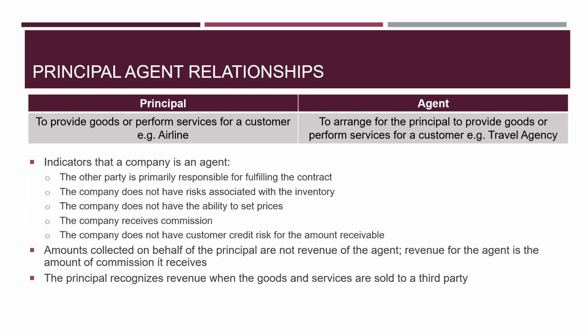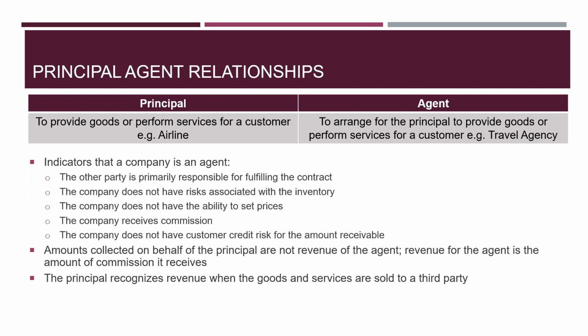The company does not have ability to set the price. So the agents do have some limited ability to suggest what you should be targeting for when you put an offer for the house. They can sway some of your decision, but they don't have complete ability to do that. So they don't have the ability to set prices.